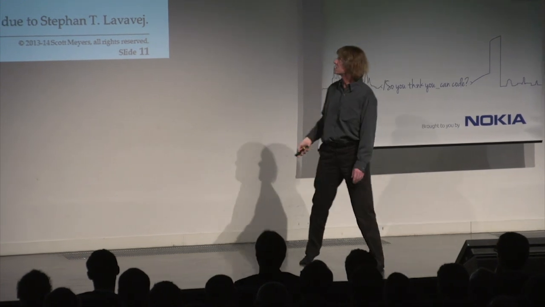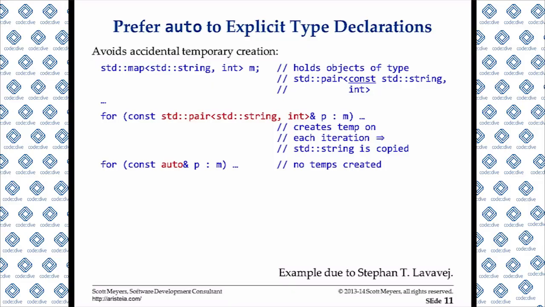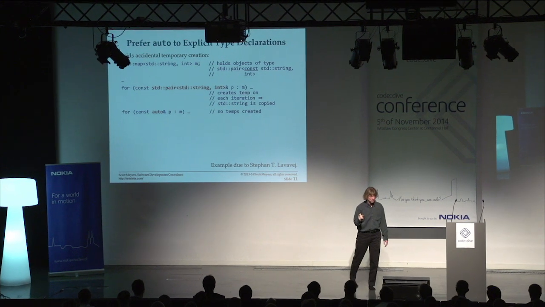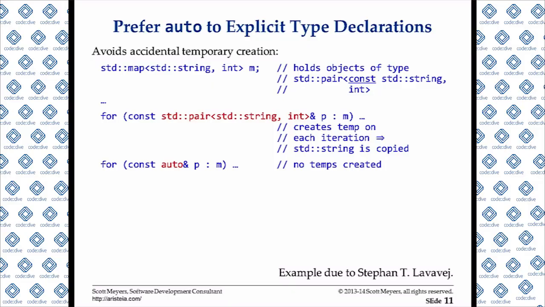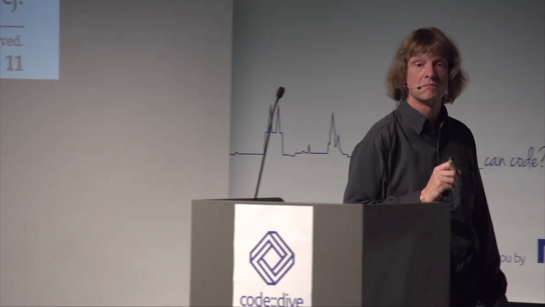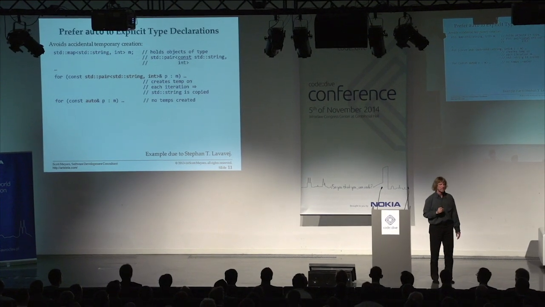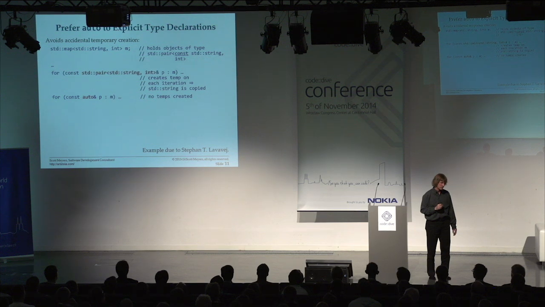So I say, great, I'm going to have p be a reference to a constant pair, because we know that the contents of a map are pair objects. So p is a reference to a constant pair from string to int. This code compiles. This code links. This code runs. This code almost certainly does not do what you think it does.